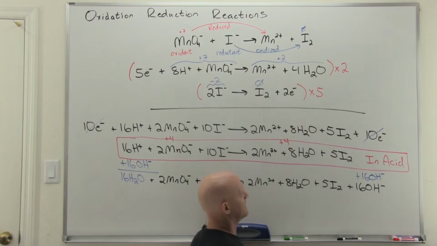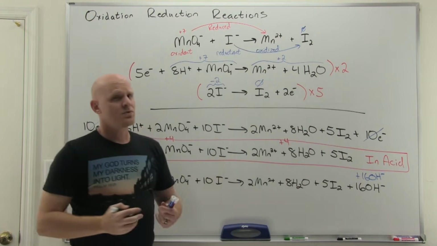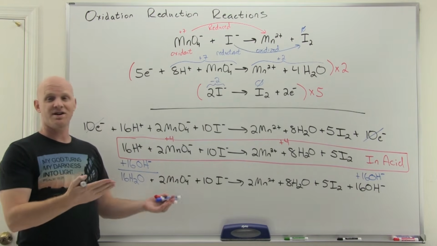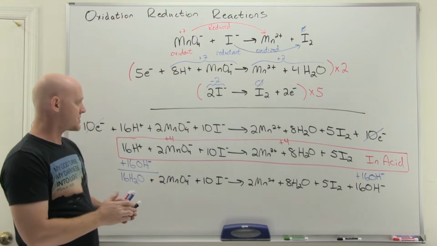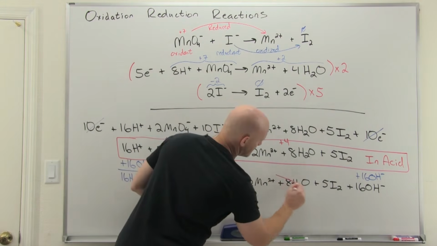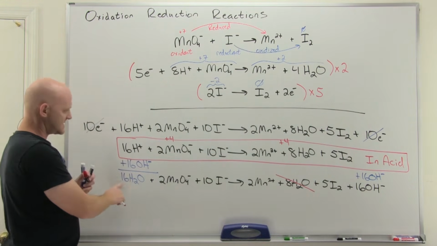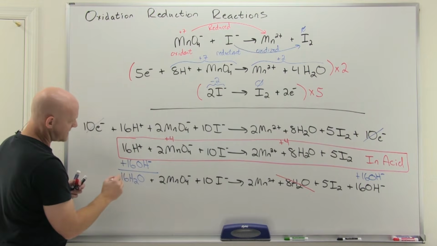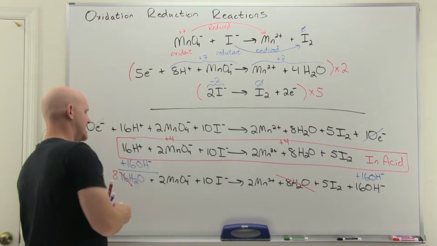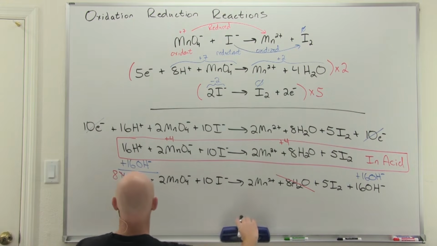Just carried it down. All right, because you just formed a bunch of waters, and water shows up so commonly in redox reactions, there's a good chance you got waters on both sides, and you want to make sure you look for that to see if they cancel, and indeed they do. We've got 8 waters on this side. We've got 16 on this side, and so those 8 over there cancel out 8 that were here to leave us with 8 left, and that's why we're going to write this yet one more time.